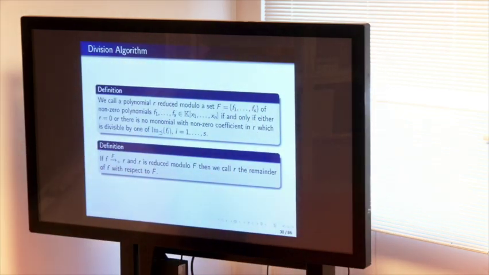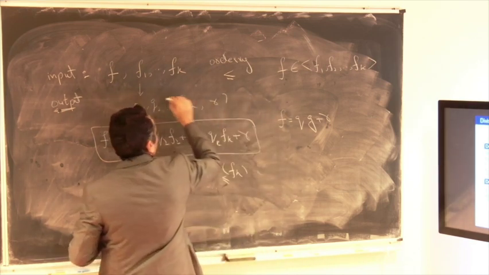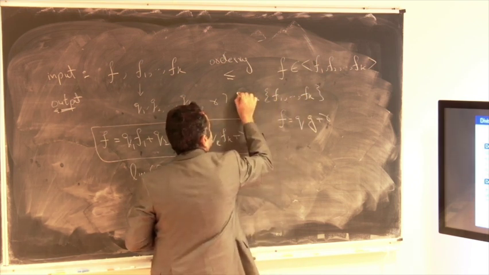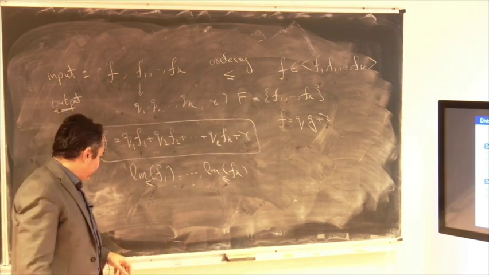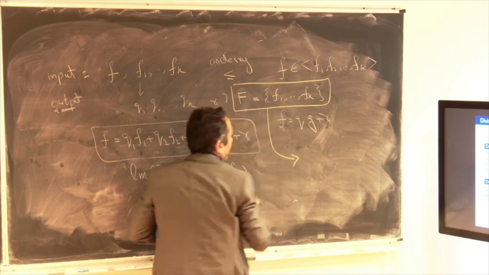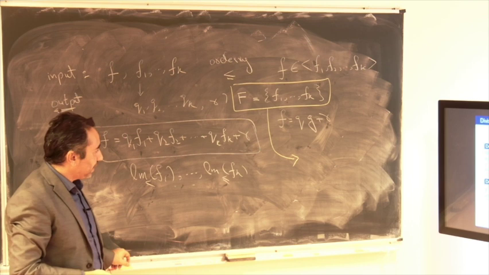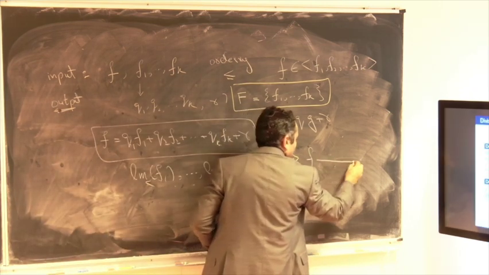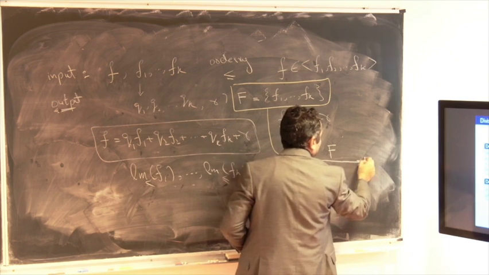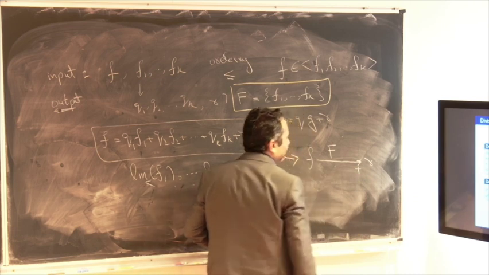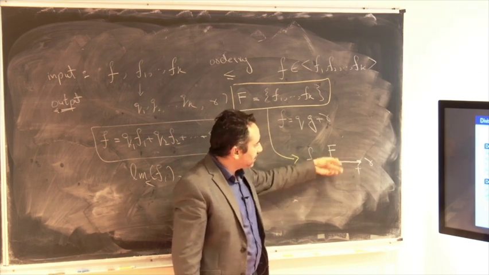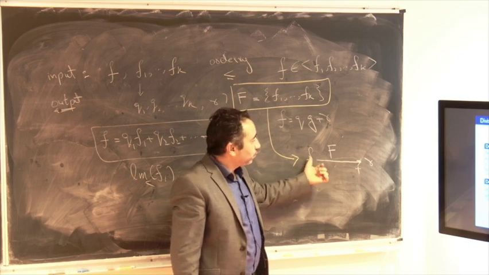We want to divide f by f1 up to fk, and we call it the set F. We divide f by this set of polynomials F and get a remainder r, and in the notation there is a plus sign, meaning that after multiple steps we use the set F to reduce f to the remainder r.